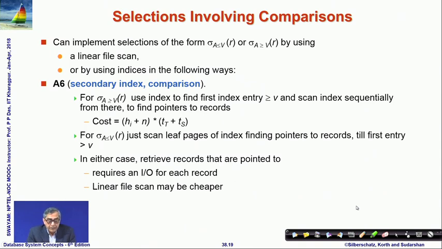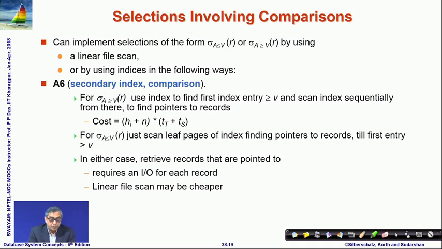But if we are doing a similar operation based on a secondary index, we are doing a comparison on a secondary index, then we will again use the index to find the first index entry greater than or equal to the key value and then scan the index sequentially. So, we will get a cost which is similar to what we saw earlier. And in the other condition, we can just scan the leaf pages of the index, finding the pointers to records till the first entry.